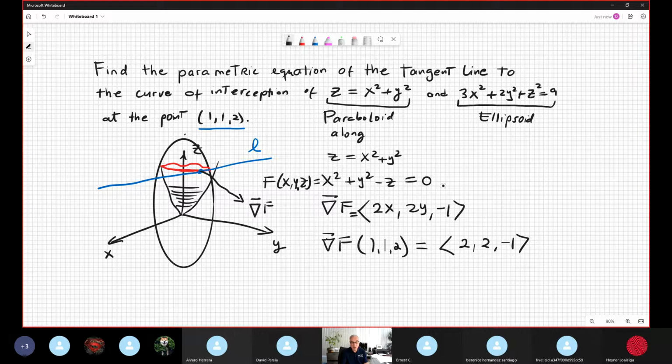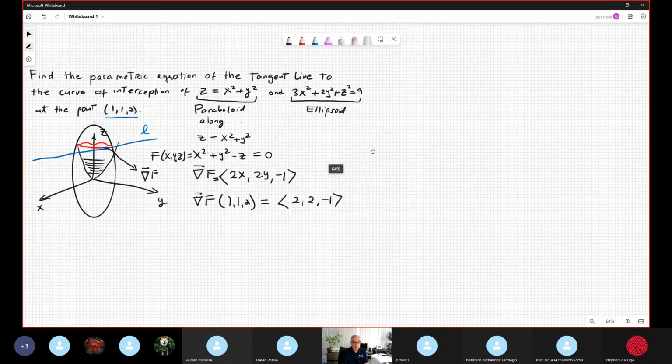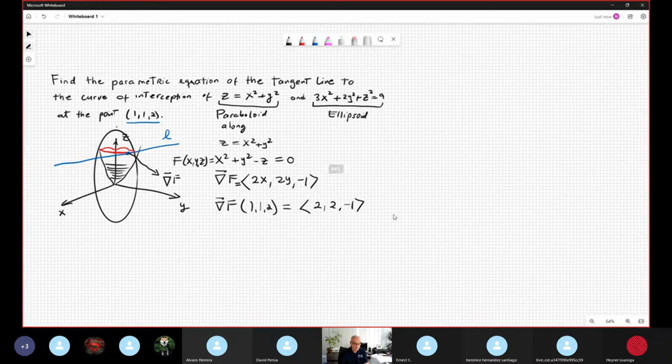Okay. Likewise, I take the second surface: 3x squared plus 2y squared plus z squared equal 9. This is the explicit form, and for the implicit form you put the right-hand side equal to 0.